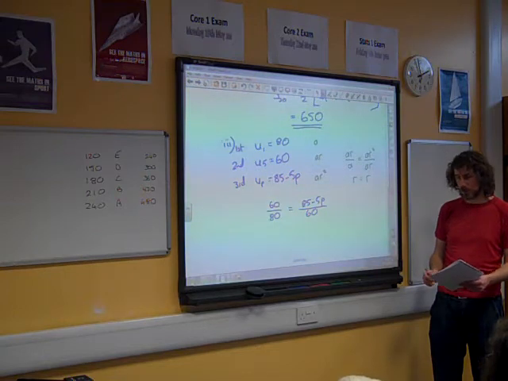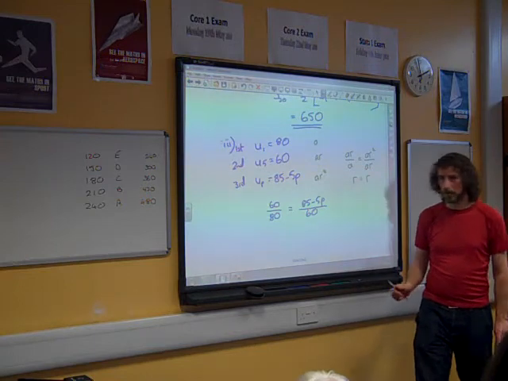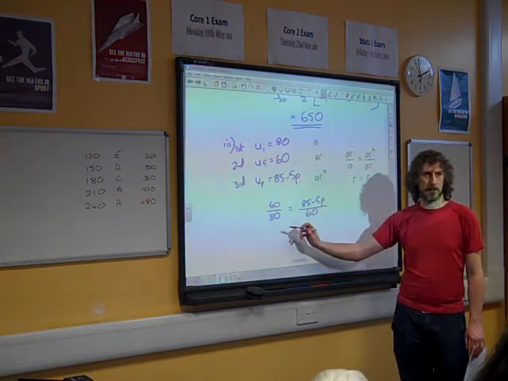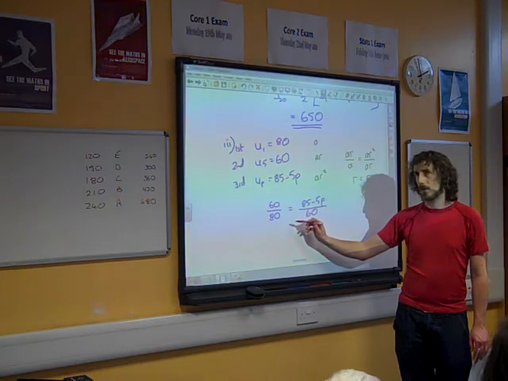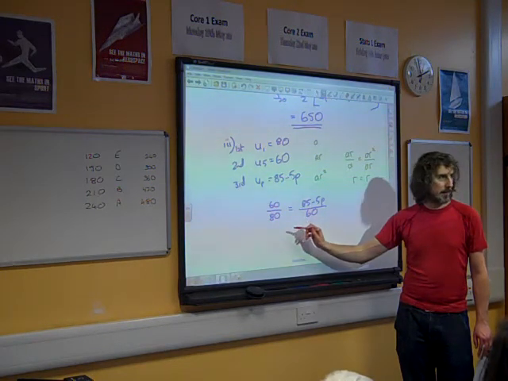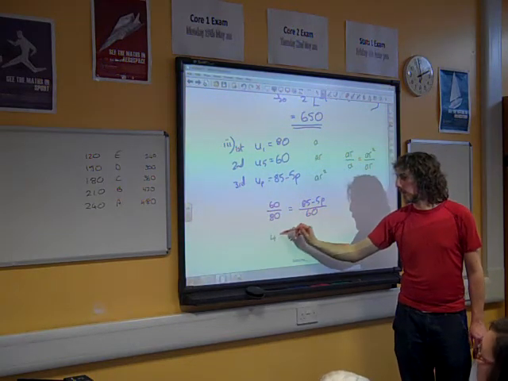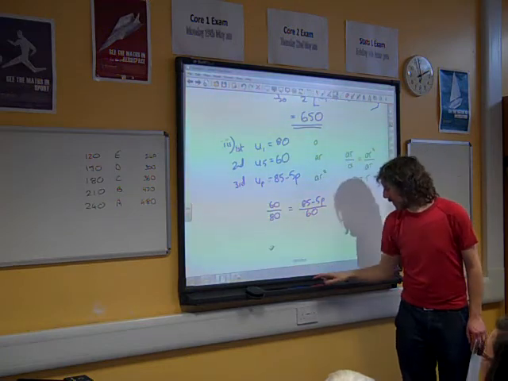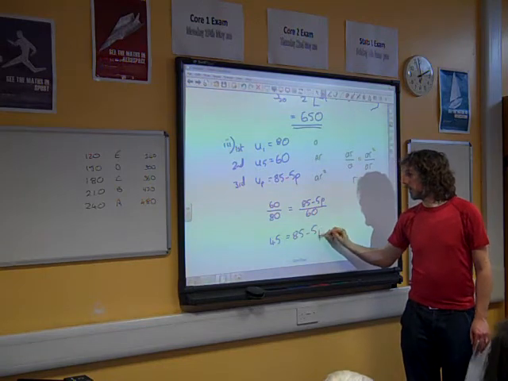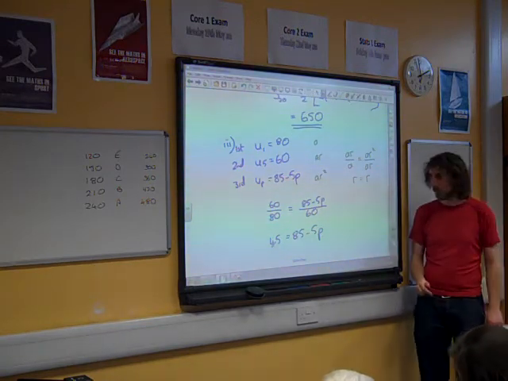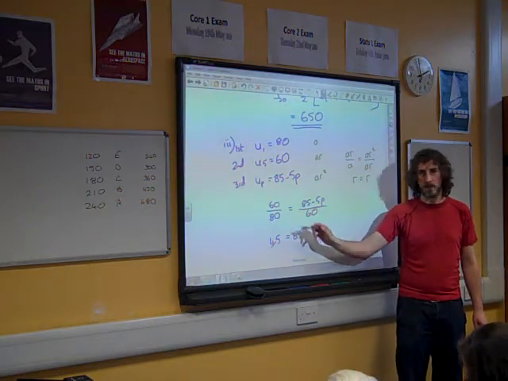If we rearrange what we've got here, that's doing 60 divided by 80 times 60.